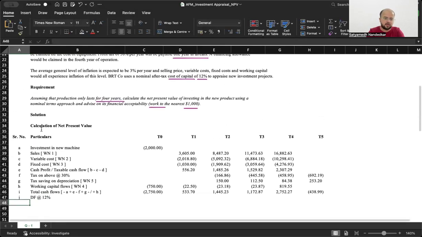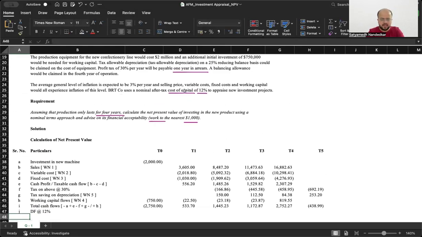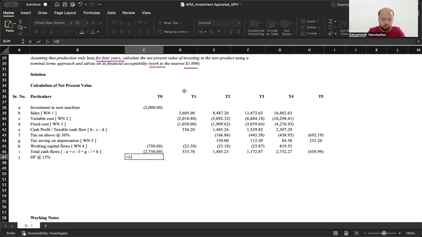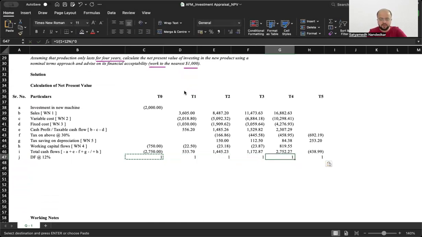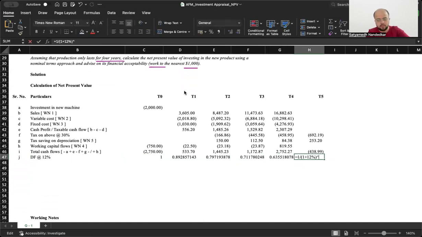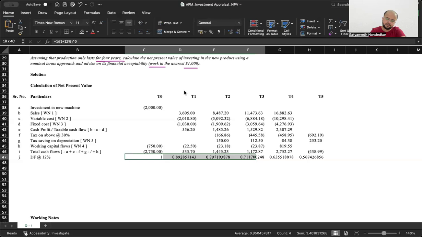Discounting factor at the rate of 12%, because that is the cost of capital given, raised to 0, 1, 2, 3, 4 and 5.